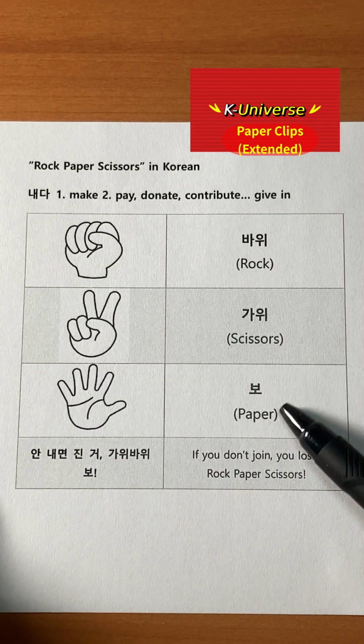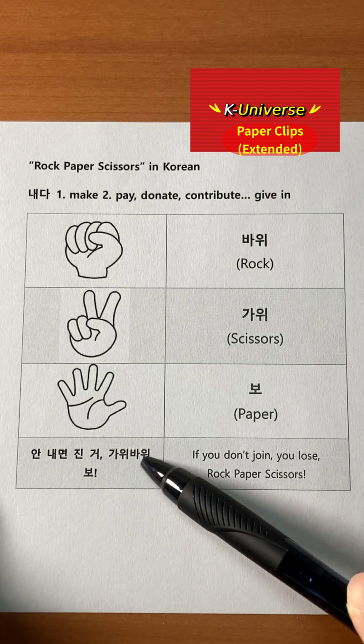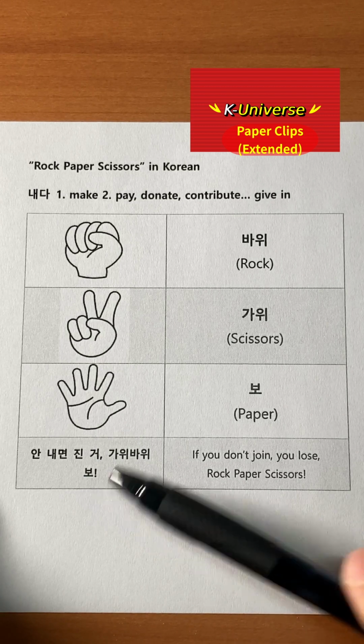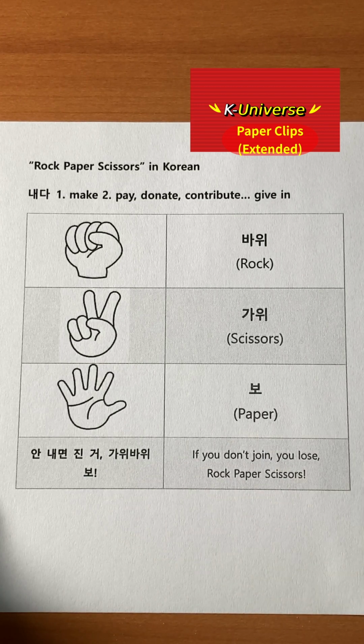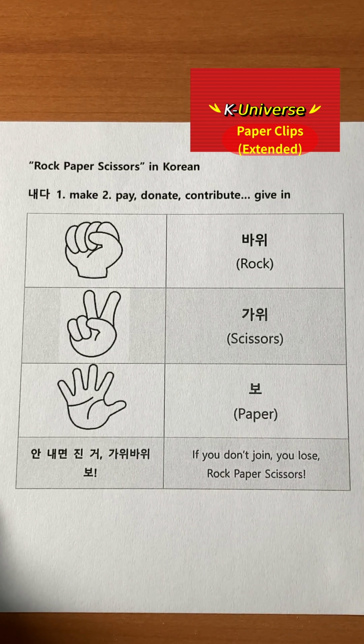Okay? And then, this is so interesting. 안 내면 진 거 가위바위보. I'm not sure if you have noticed this. Before we begin to play rock, paper, scissors, in maybe 99% of cases we always sing this song first. It's not a song, it's more like a signal.